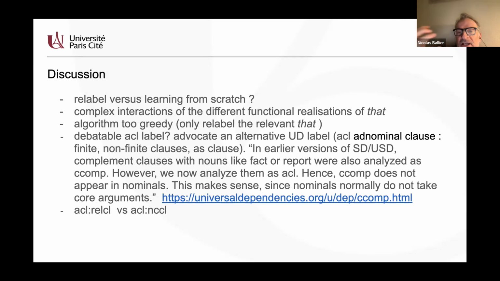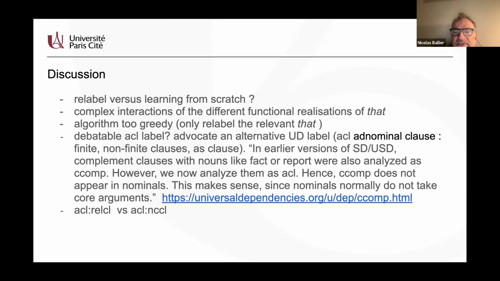Another crucial aspect is the use in the universal dependency theory and tag sets of the acl label, because we've seen that it also includes some structures that are not just simply non-complement clauses with that, such as clauses with as.